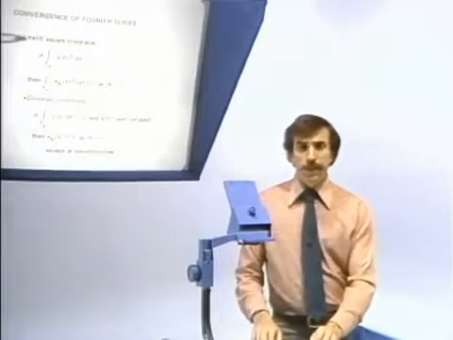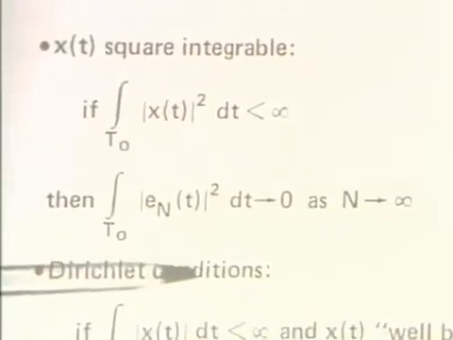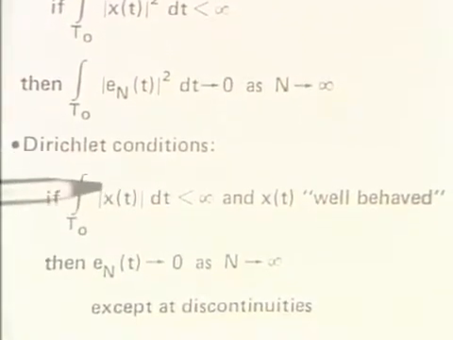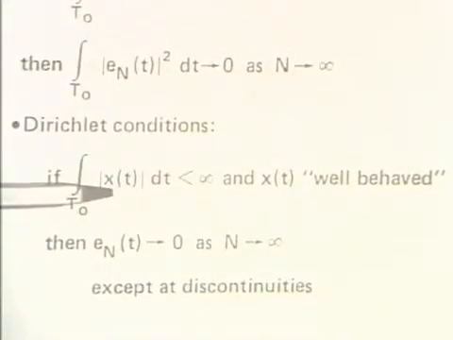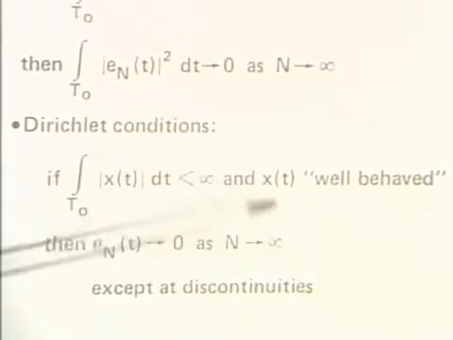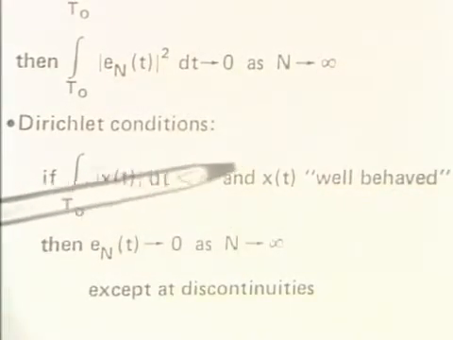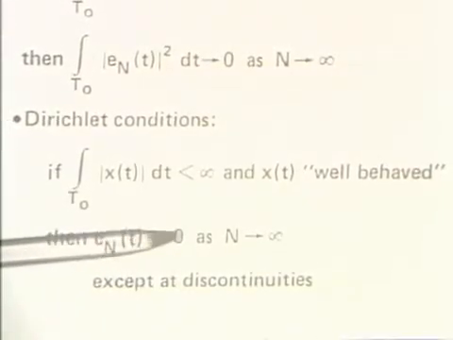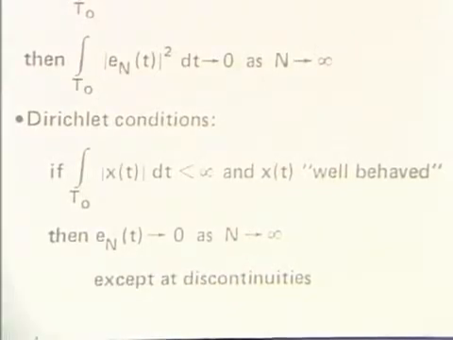A somewhat tighter condition is referred to as the Dirichlet conditions, which says that if the time function is absolutely integrable, not square integrable, but absolutely integrable, and I've hedged the issue by simply referring to x of t as being well behaved, then the statement is that the error, in fact, goes to 0 as n increases, except at the discontinuities.